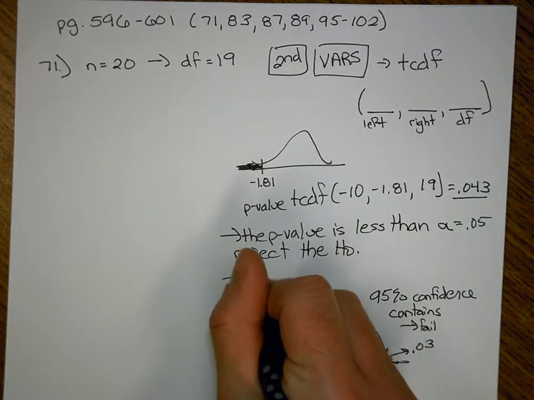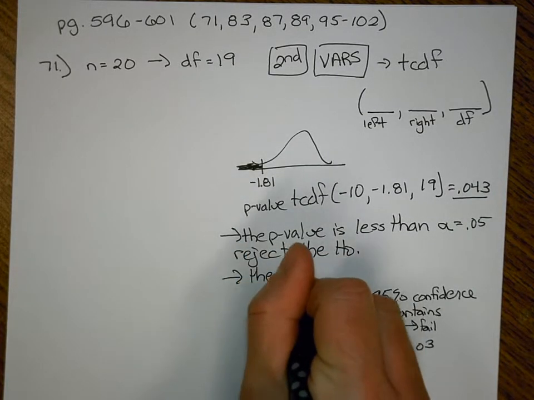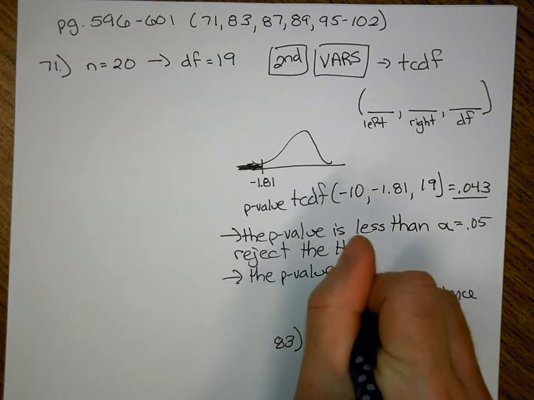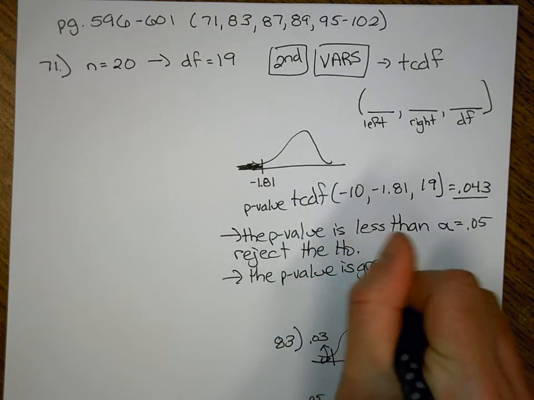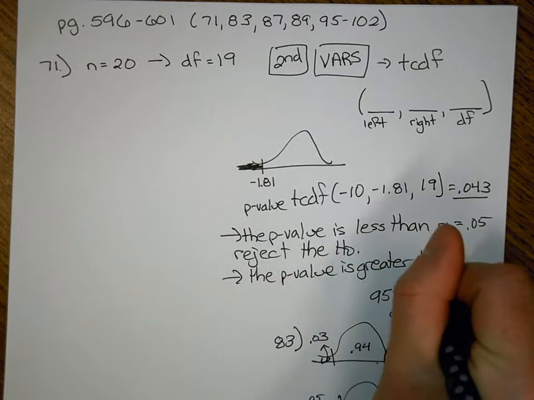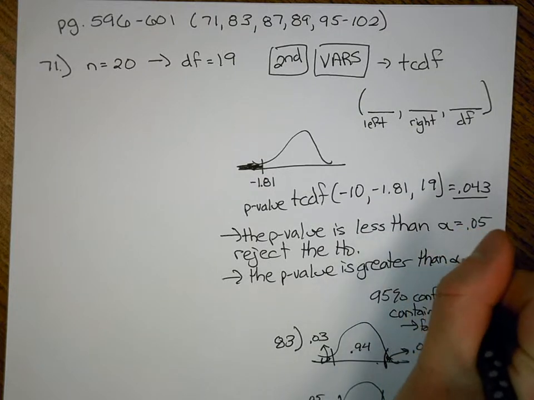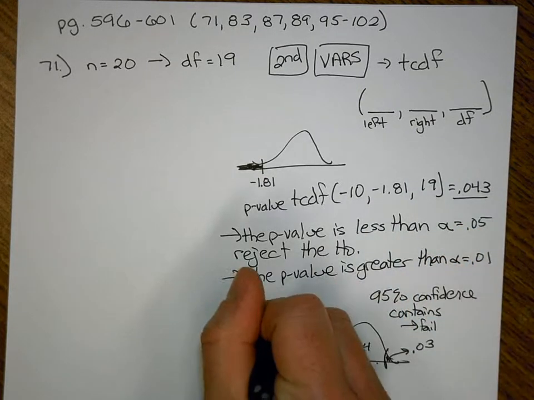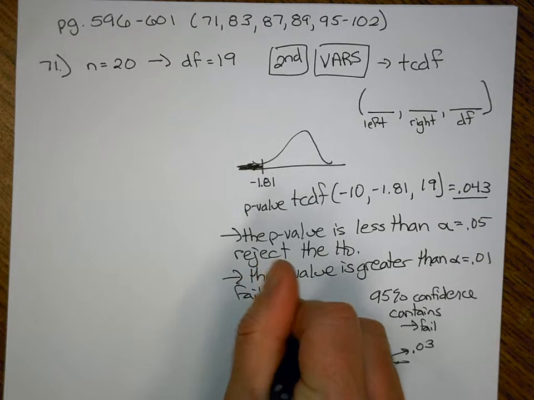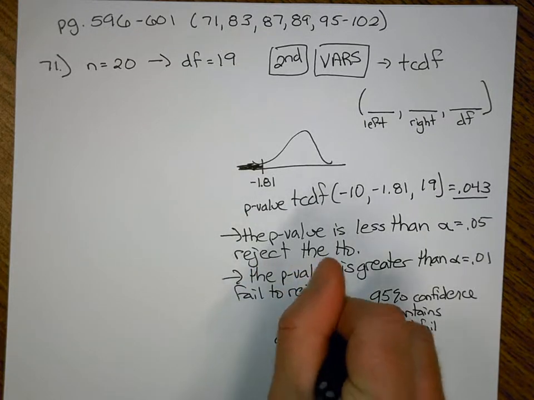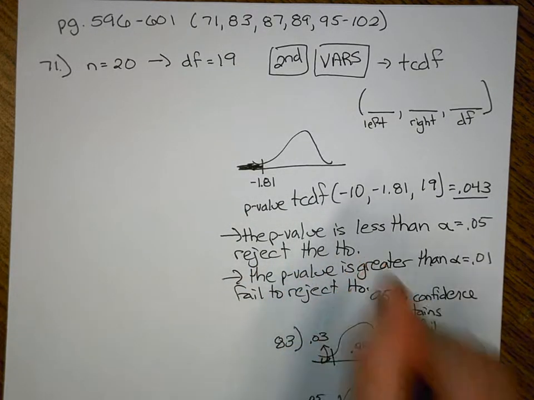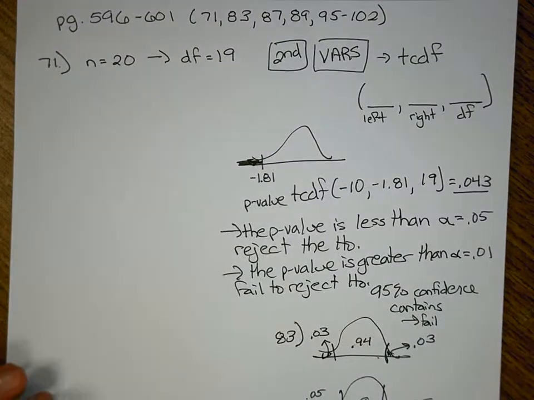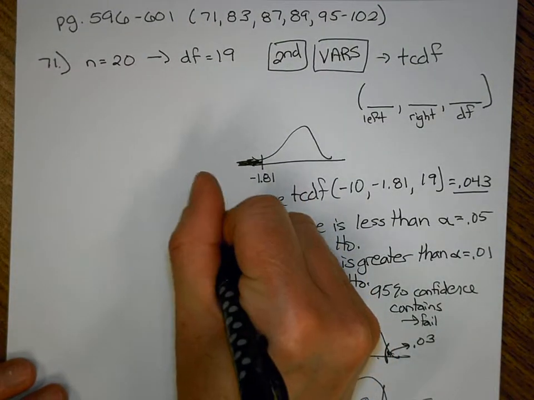For the second part, the p-value is greater than alpha equal to 0.01, so you would fail to reject the H0. That would all be part A.